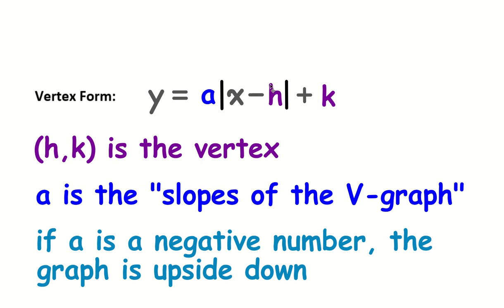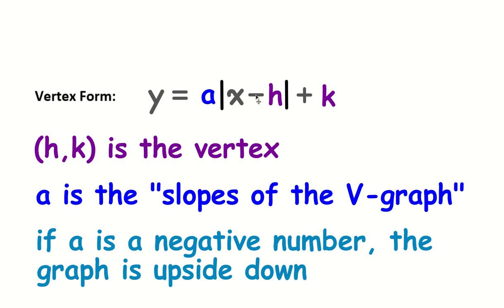If this says x plus 2, it moves to the left. And again, your h value is -2 technically, because this minus is a part of the form, meaning you're moving to the left. When you get -2 comma whatever, your vertex is moving to the left.